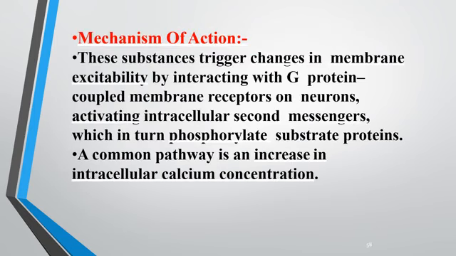Now the mechanism of action of these centrally acting neurotransmitters. These substances trigger changes in membrane excitability by interacting with G protein coupled receptors present on neurons, activating intracellular second messengers, which in turn phosphorylate substrate proteins. You have already seen the G protein coupled mechanism in signal transduction, so that is the mechanism here also.